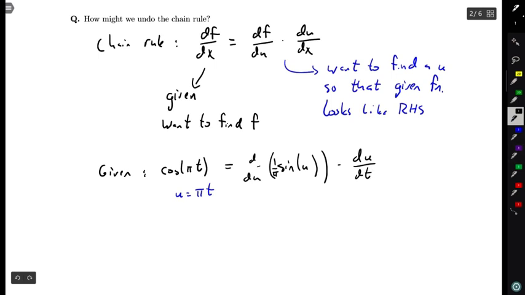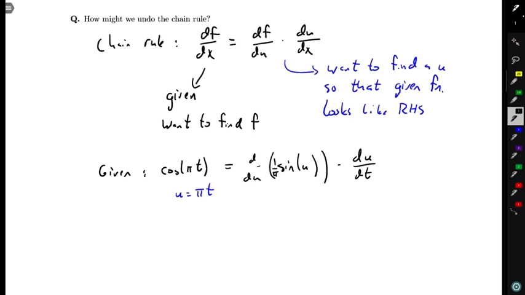This du dt here was the pi that we had, and this 1 over pi sine u was the 1 over pi times cosine of pi t component. So we kind of created this u in order to make these things cancel out.